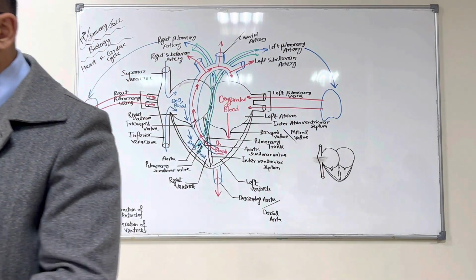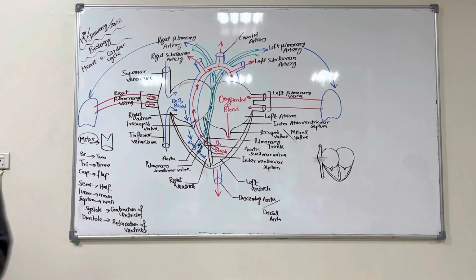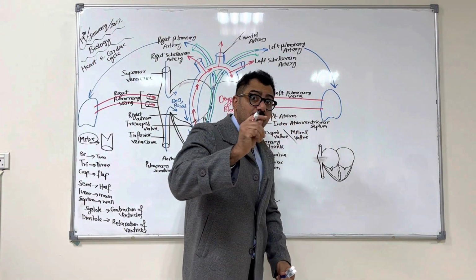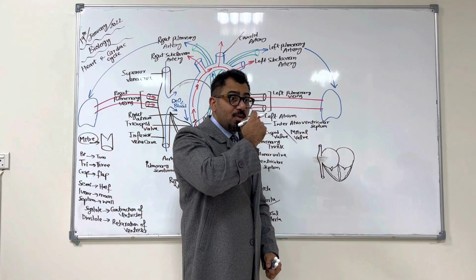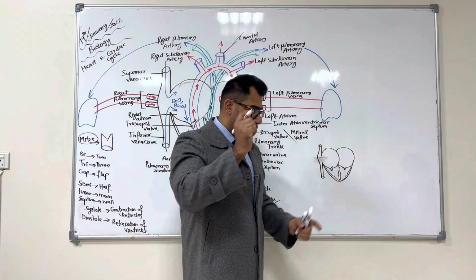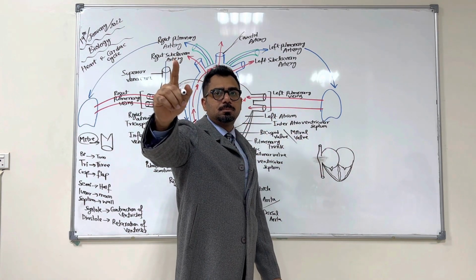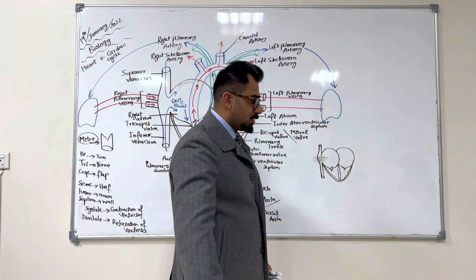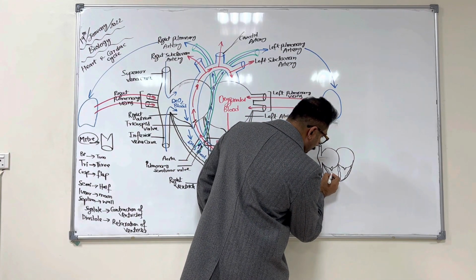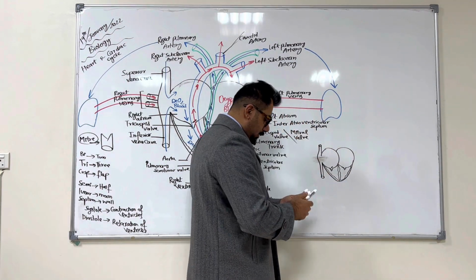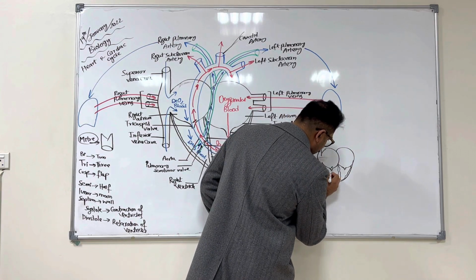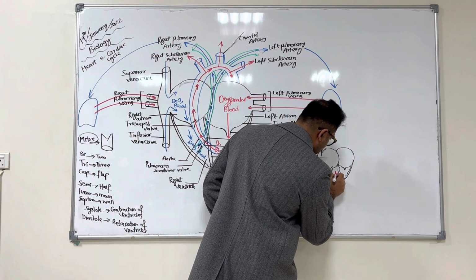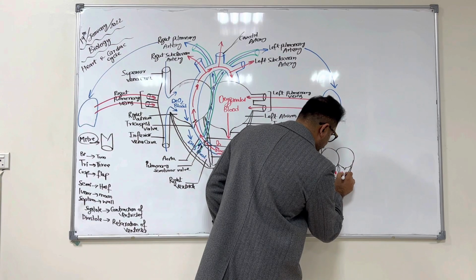For that purpose, what is there? We have special kind of muscles and tendons which are attached with the heart and the flaps. Please pay attention here. Now, with the red color, I am going to show the muscles. So these are muscles.